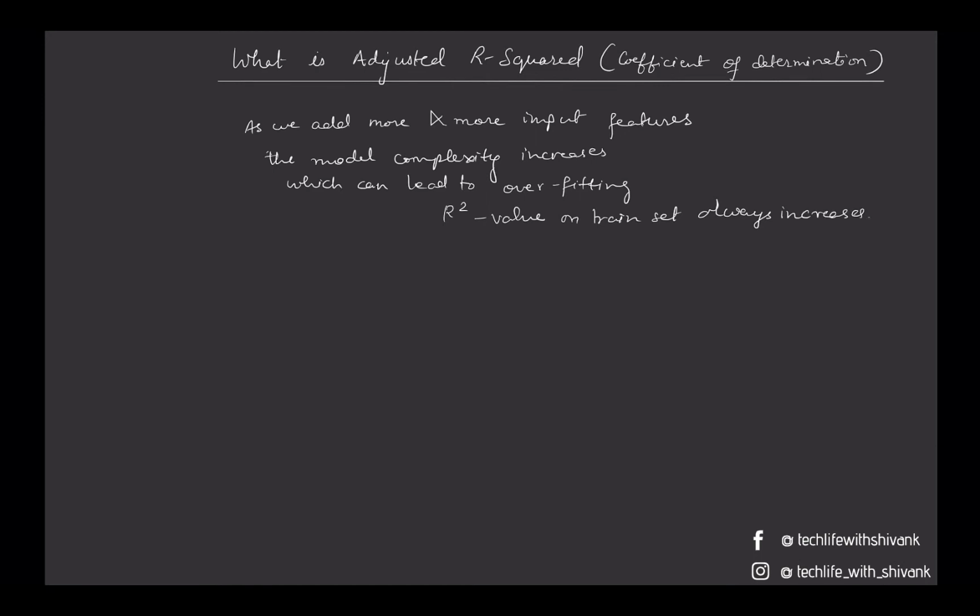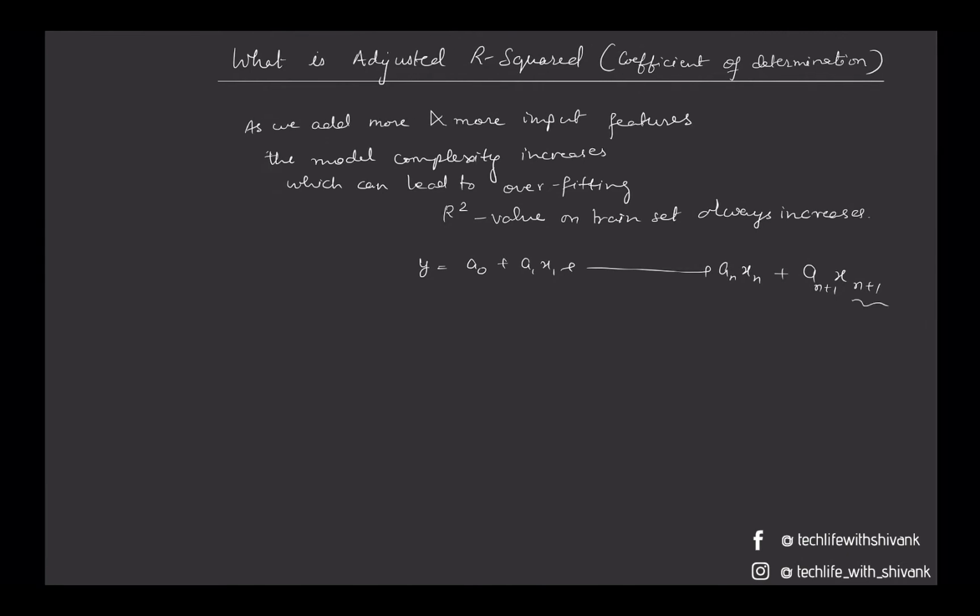For example, let's say we initially had this model a0 plus a1x1 plus up to anxn, and we added a new input feature xn plus 1, and we get an additional coefficient an plus 1.